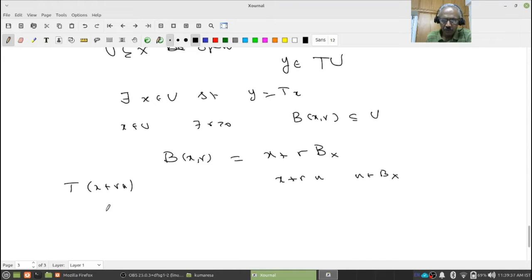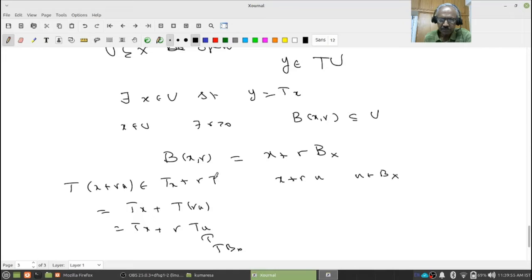T(x plus ru) will be Tx plus T(ru), but that is Tx plus r times Tu. But Tu belongs to T(B_X), right? Therefore, what we find is this belongs to Tx plus r times T(B_X), right? Therefore, T of B(x,r) is contained in, just operate T on this, then you will know that is Tx plus r times T(B_X).